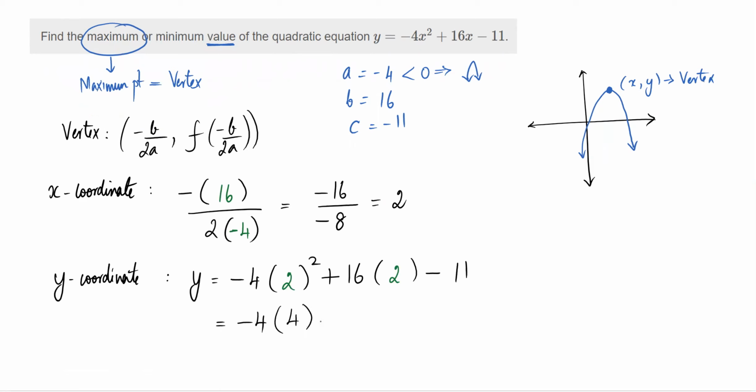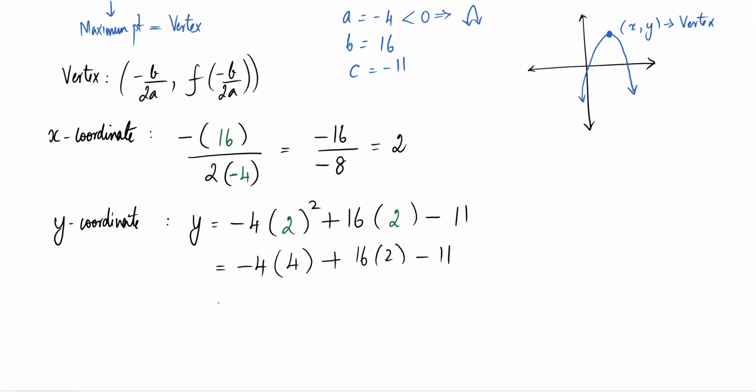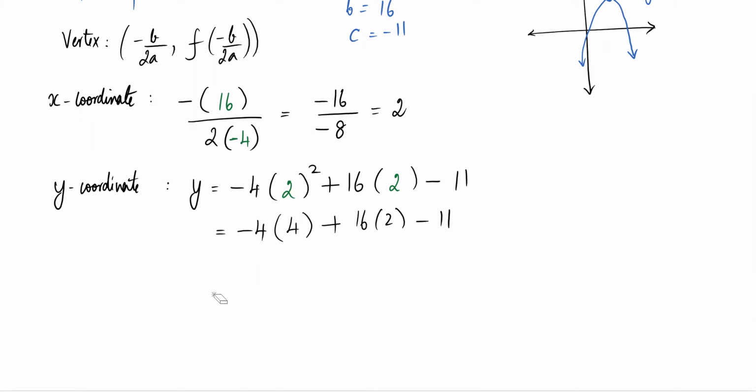So -4 times 2 squared is 4, plus 16 times 2, minus 11. Now we can multiply them. Negative 4 times 4 is -16, plus 16 times 2 is 32, minus 11. So -16 plus 32 is plus 16. 16 minus 11 is 5.